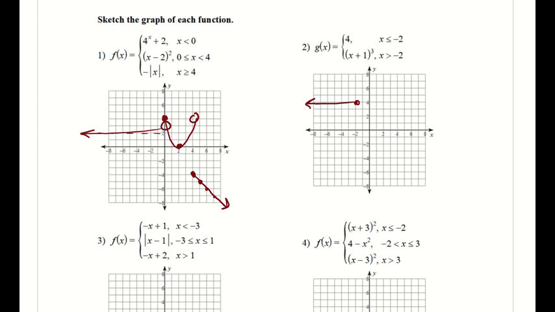Now, (x + 1) cubed, so our cubic function, remember, looks like this, but that plus 1 is going to shift it to the left 1, so we're going to have a 0 at negative 1. If we substitute negative 2 in, we get the point (-2, -1), because negative 2 plus 1 is negative 1, and negative 1 cubed is negative 1.